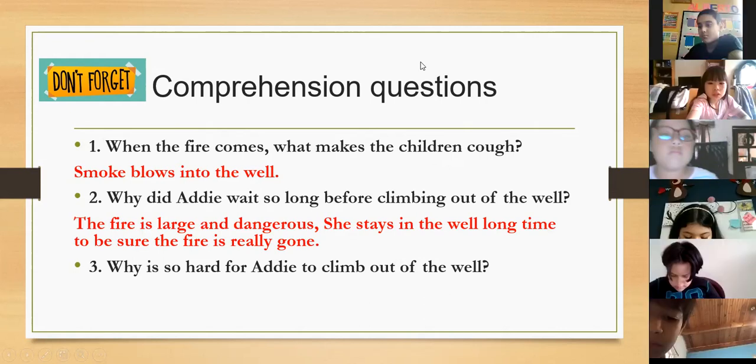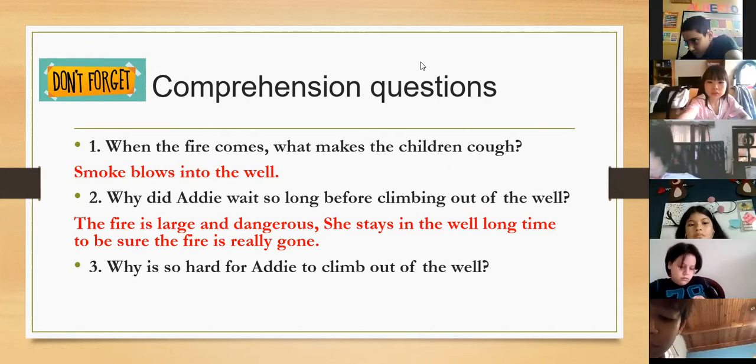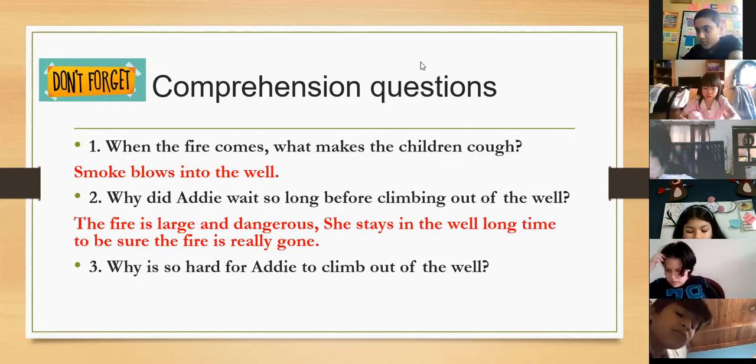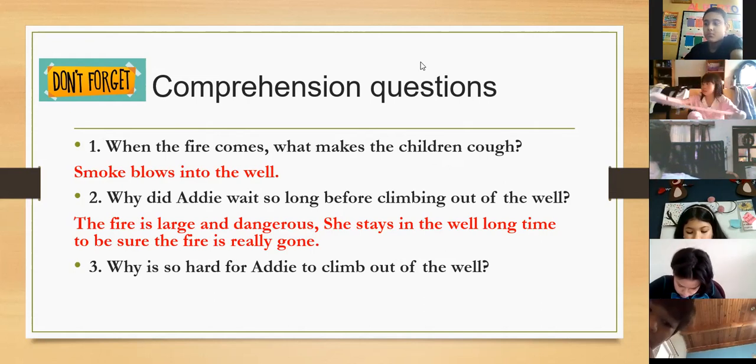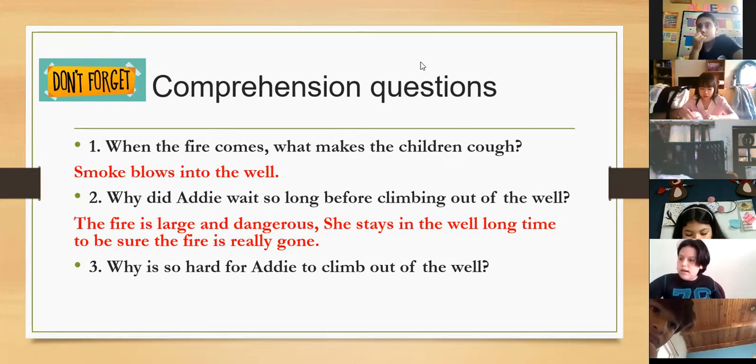Okay, remember that the fire was large and dangerous, so Addy and Bart hid themselves in the well. And remember that since Bart is a little boy, Addy needs to take care of him. She climbed out of the well to protect herself and to protect Bart.